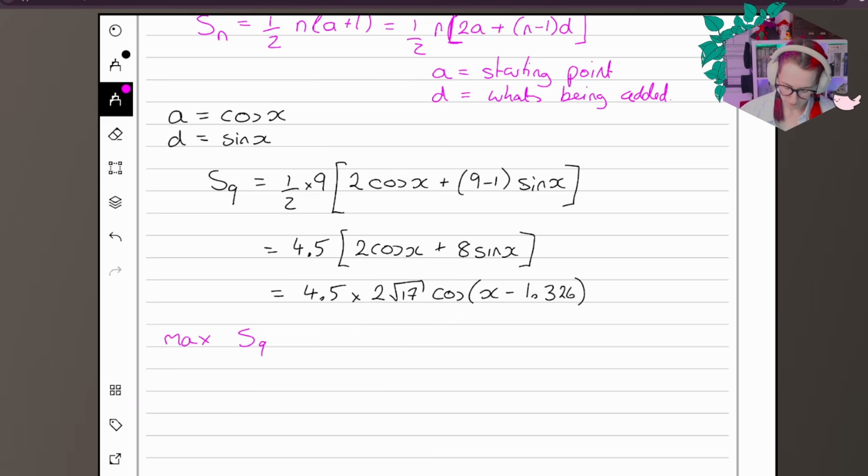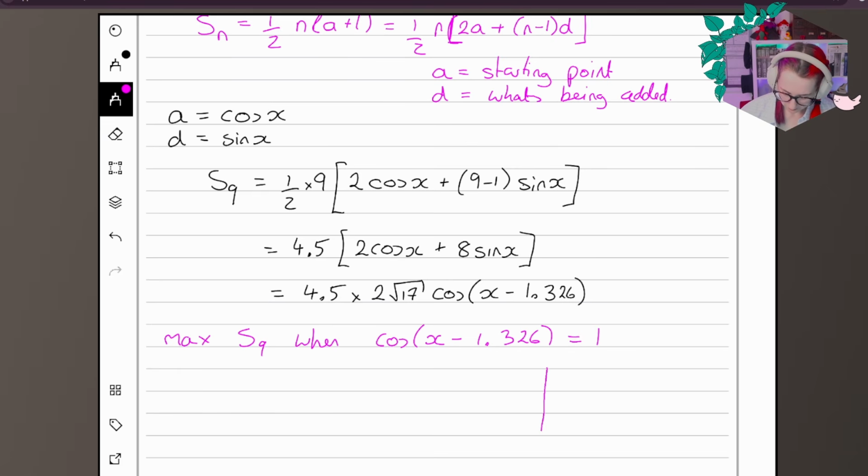So this is going to be maximum when cos of this thing is equal to 1. Okay?